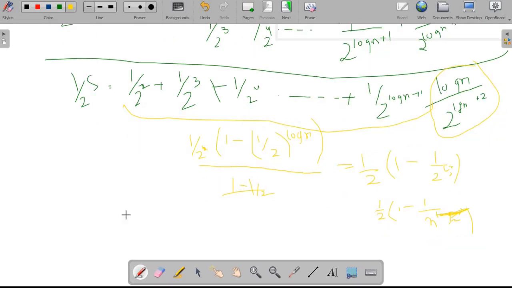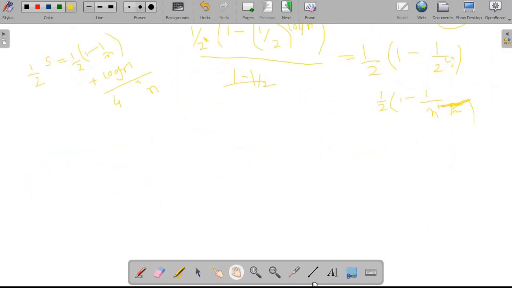So now the value that we get for half S is equal to 1 by 2 into 1 minus 1 by n, plus this last term, which is log n by, now see, 2 to the power 2 can be written as 4 into 2 to the power log n. Since this is of base 2, even this will become n. So over here we'll have this term.